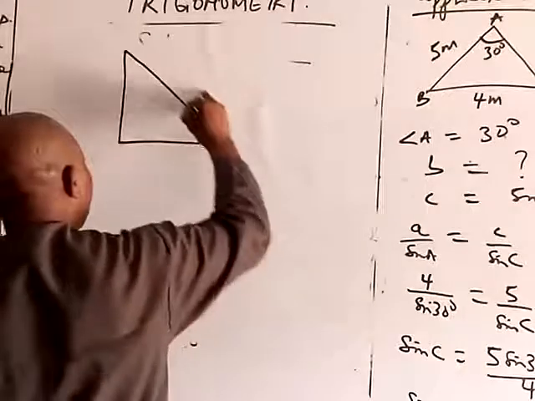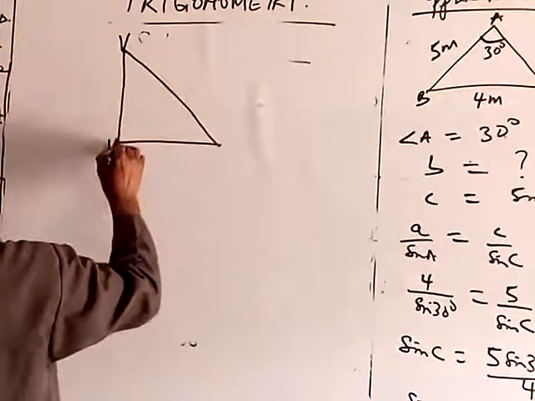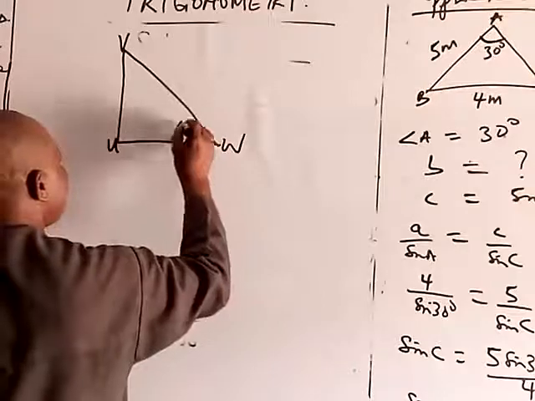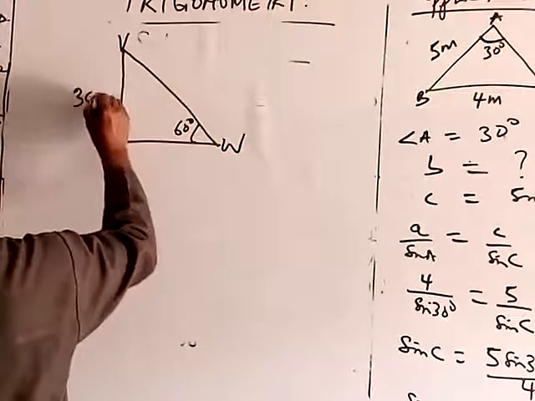The triangle VUW with angle 60 here, you have 3 centimeters here.